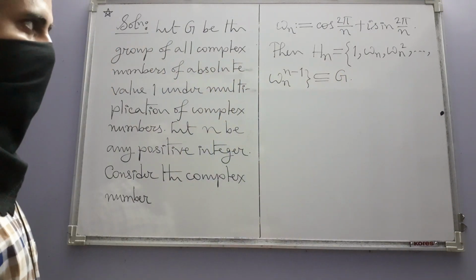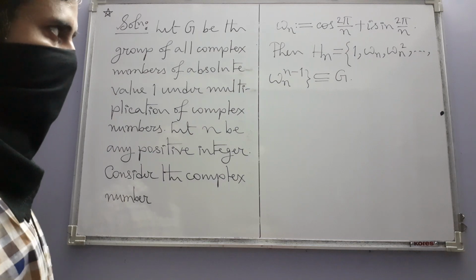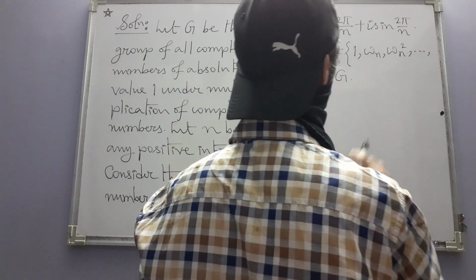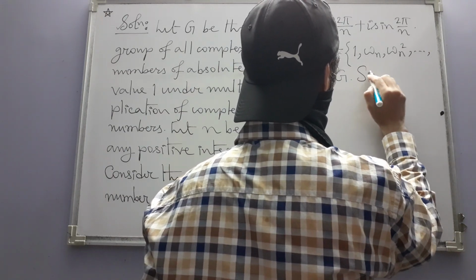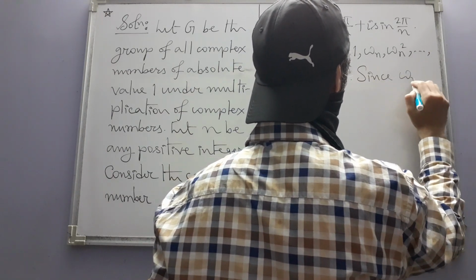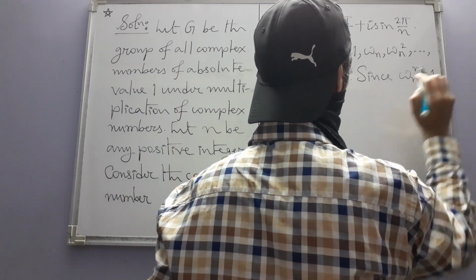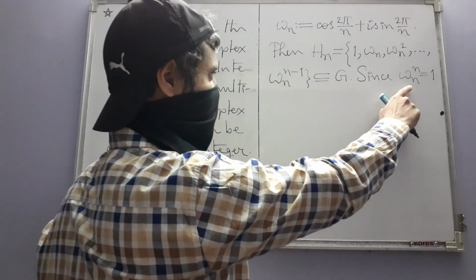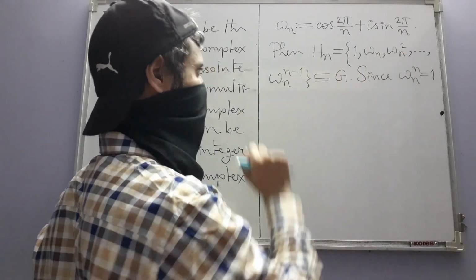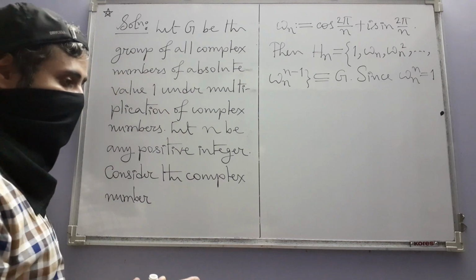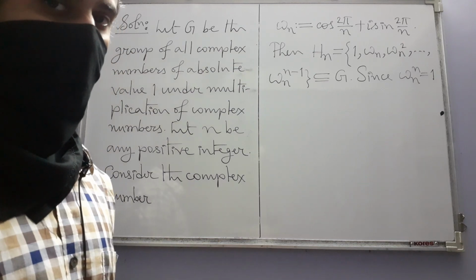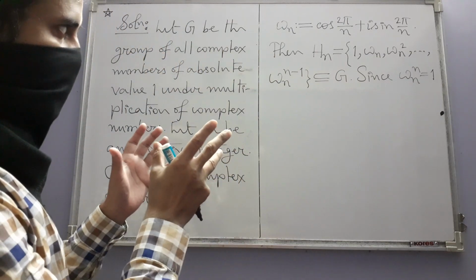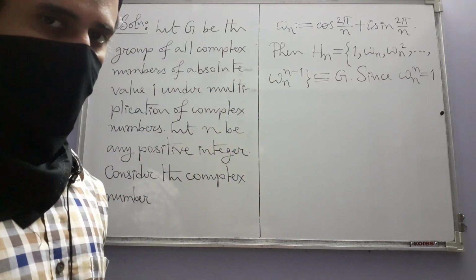But not just that, we also know that this Hn is a subgroup of G. Why? Because of this fact. Since the nth power of omega n is 1, and in fact the nth power of every element in Hn is 1, they are nth roots of unity, and these are all the nth roots of unity, precisely n number of them, right?